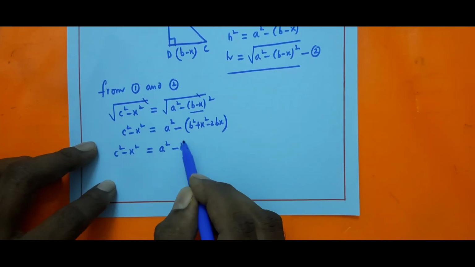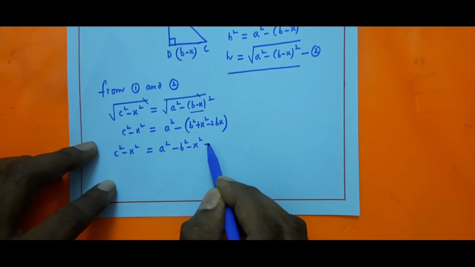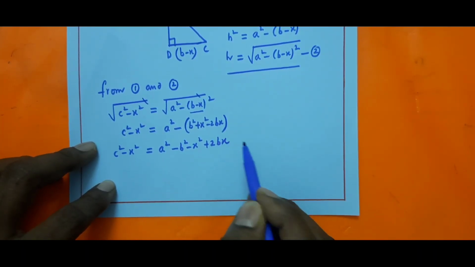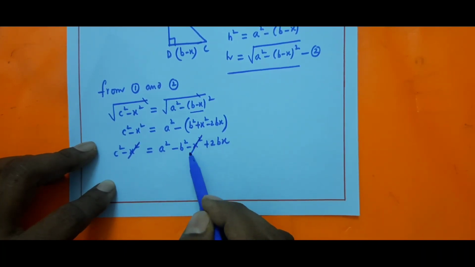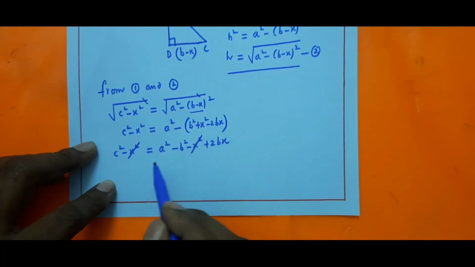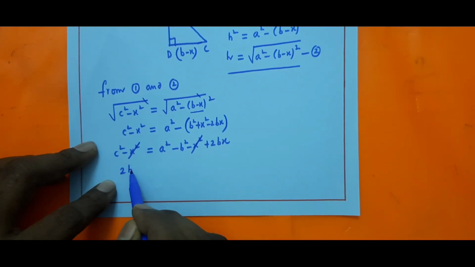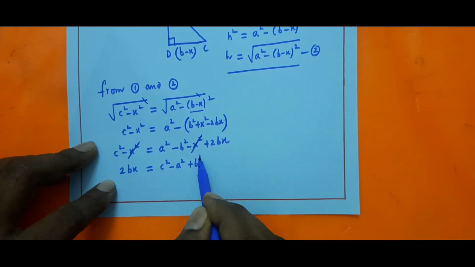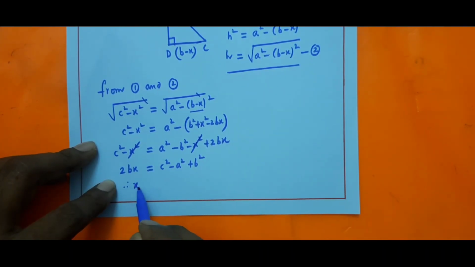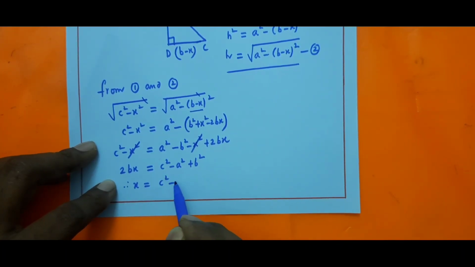So it will be minus b square minus x square plus 2bx. On both sides of this equation, these two terms get cancelled. Then from this equation I can write 2bx is equal to c square minus a square plus b square. Therefore x is equal to (c square minus a square plus b square) by 2b.